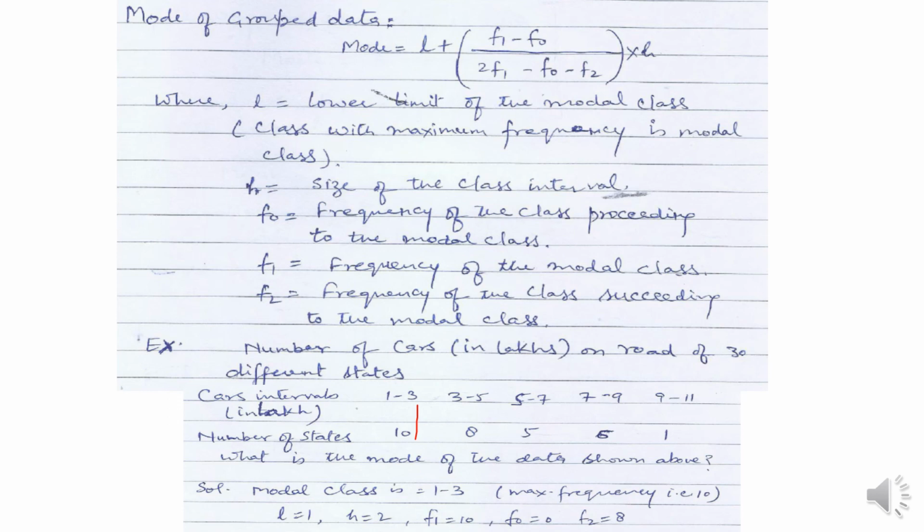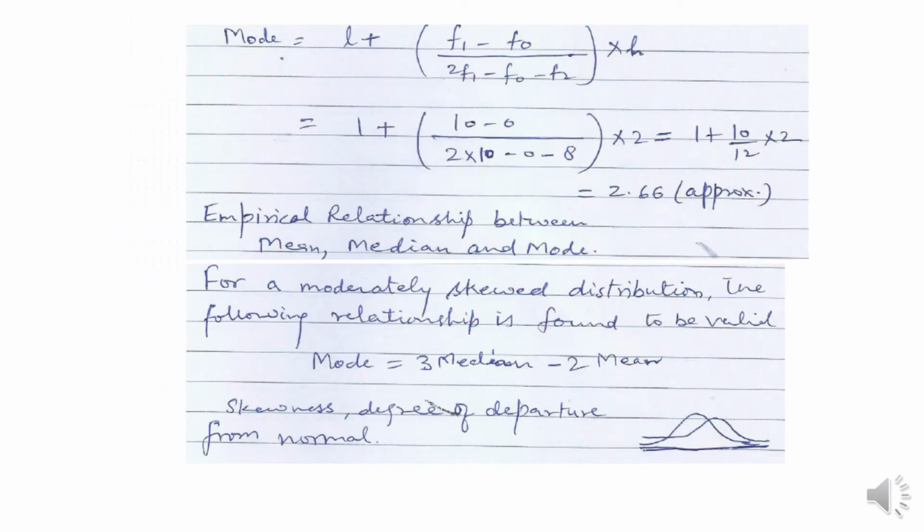Here the difference between all the intervals is 2. f1 is 10, which means the frequency of the modal class is 10. Now for the previous class there is nothing, so f0, the frequency of the previous class, is 0, because it does not exist here, and f2, the frequency of the class next to the modal class, is 8. Just put the data in the formula of mode, and get the result.